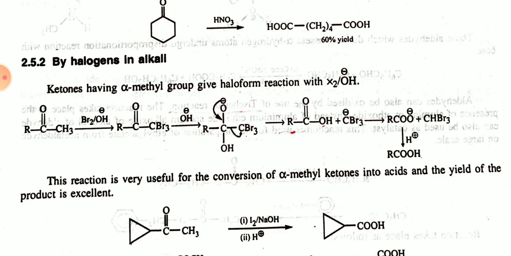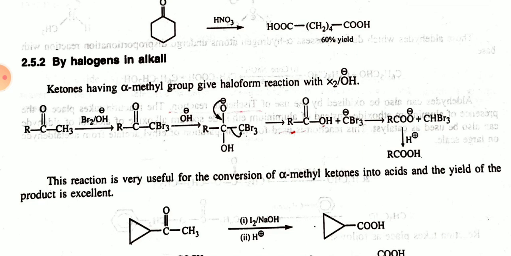Now 1 mole of hydrogen is replaced by this RCOOH, and you will get RCOO negative plus CHBr3. On adding hydrogen, you will get the RCOOH.